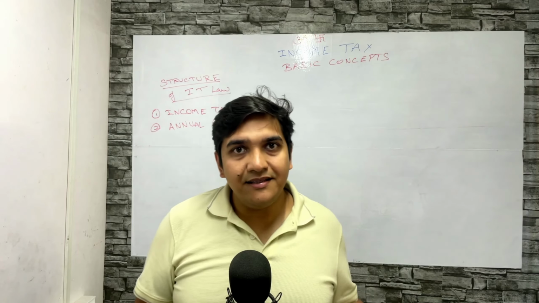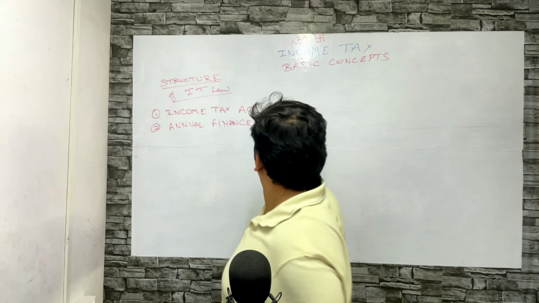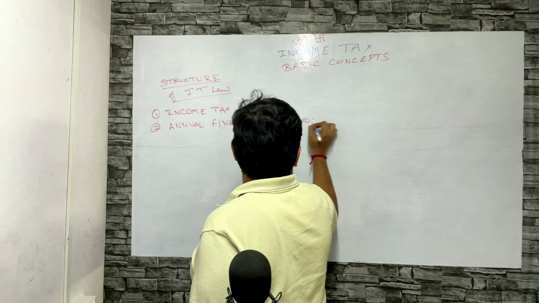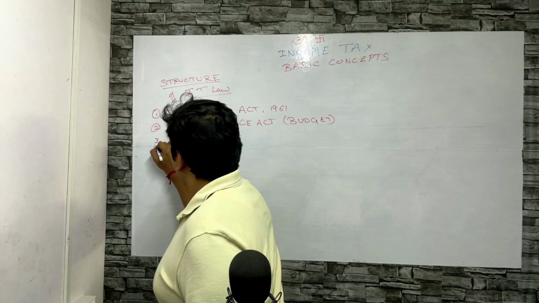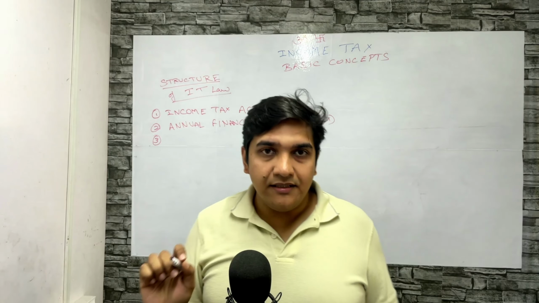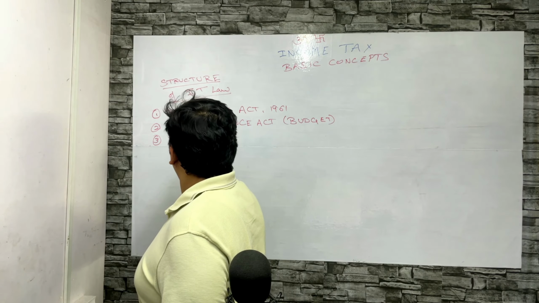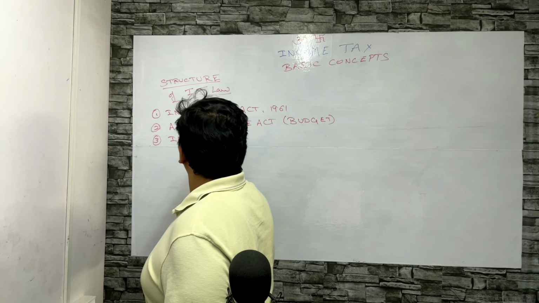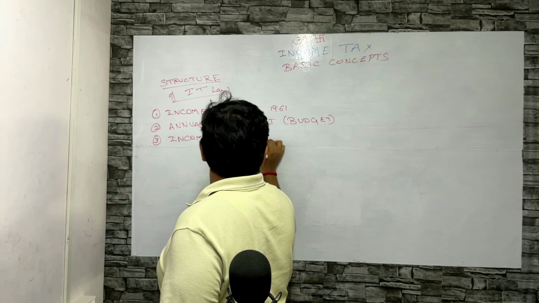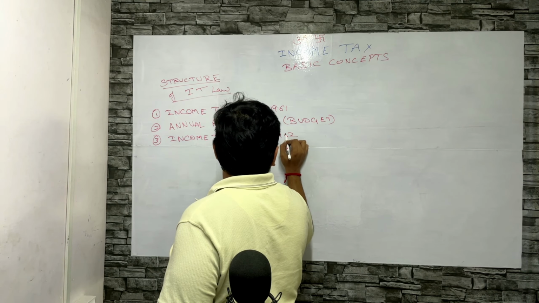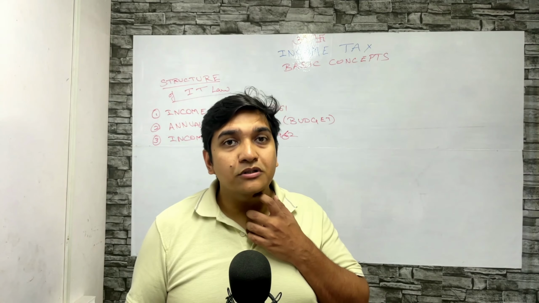The second is the Annual Finance Act, more popularly known as the budget. The third one is the Income Tax Rules 1962.